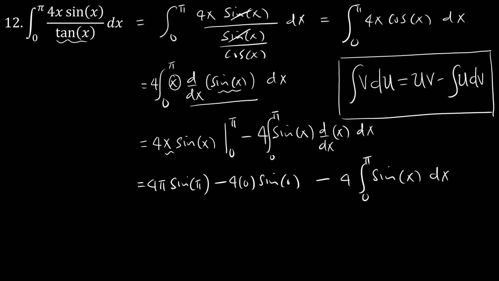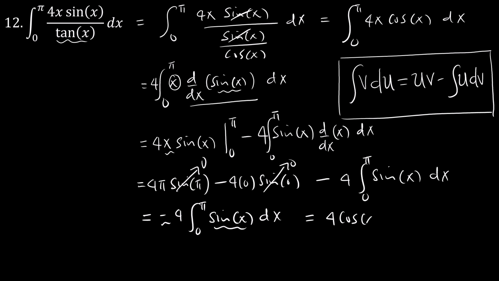Interestingly, as we see here, sine of pi goes to 0, this goes to 0, this goes to 0. So everything just boils down to negative 4 times the integral from 0 to pi of sine of x. Now, negative sine x is the same as the derivative of cosine of x. So in other words, we have 4 cosine of x from 0 to pi.